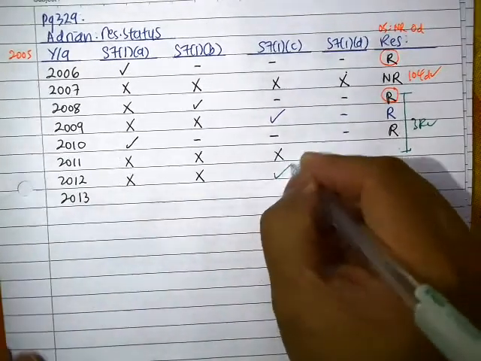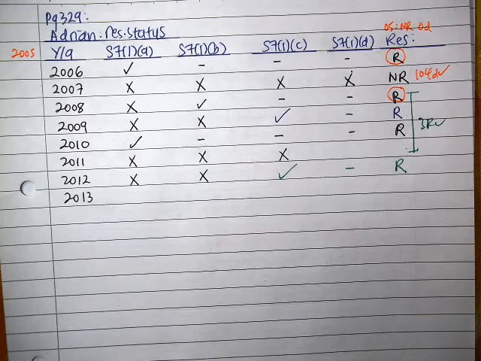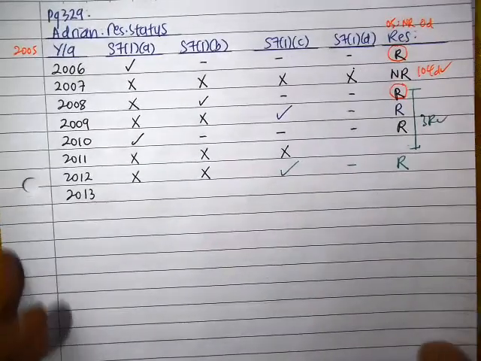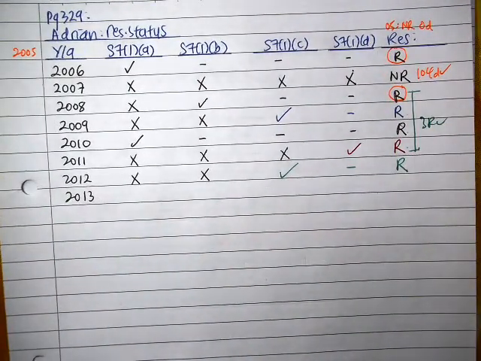So I'm a resident by virtue of 1C. And obviously, when you have these 3 years becoming resident, it will help you to be a resident for 2011.